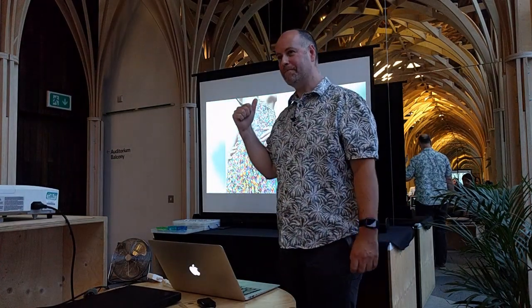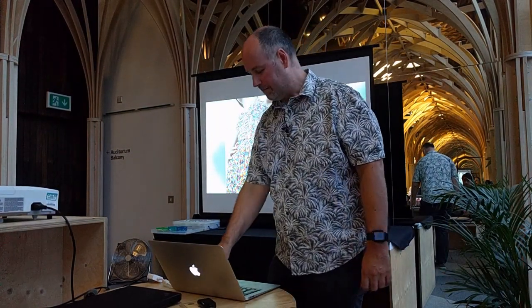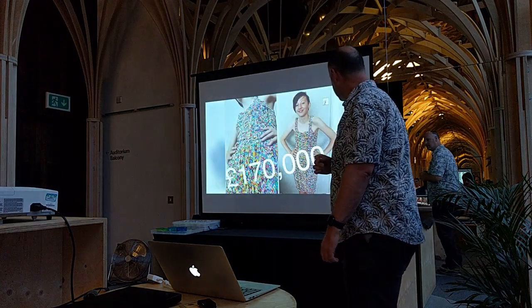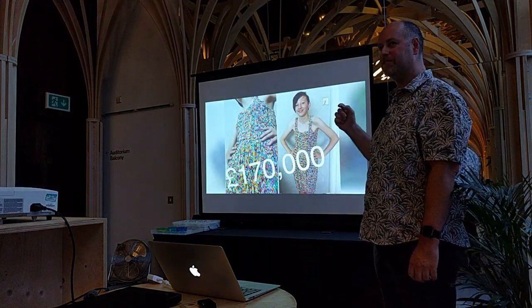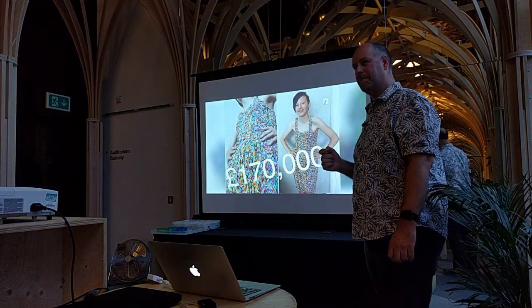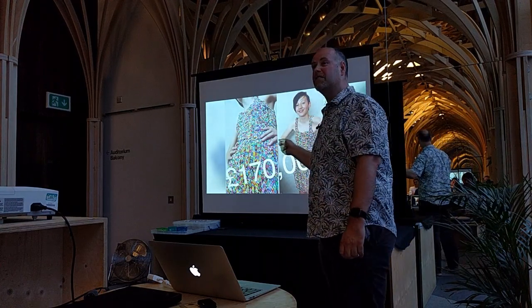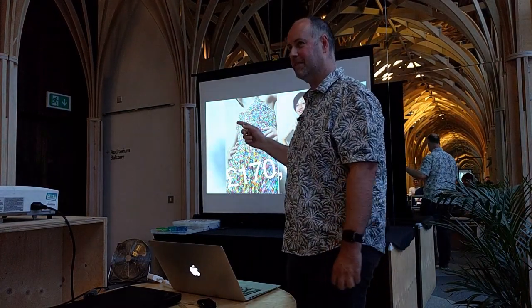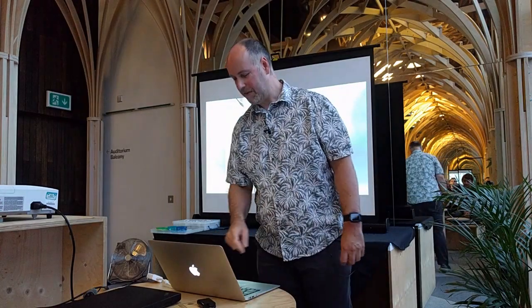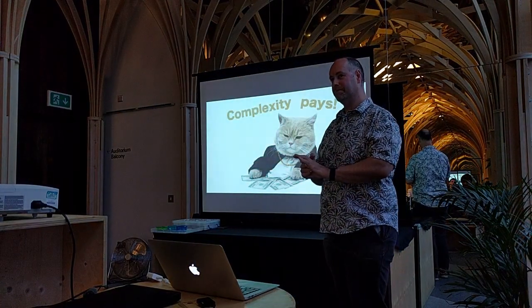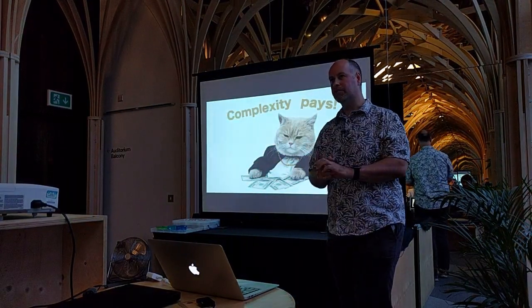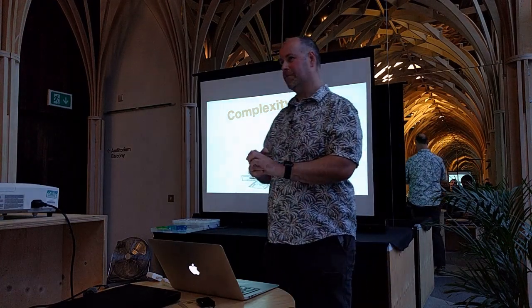And then they put it on eBay, and they sold it for £170,000. In fact, it's slightly more than that. It's £7 for shipping as well. So I think it's fair to say that at least sometimes, when you know what you're looking for, complexity pays.